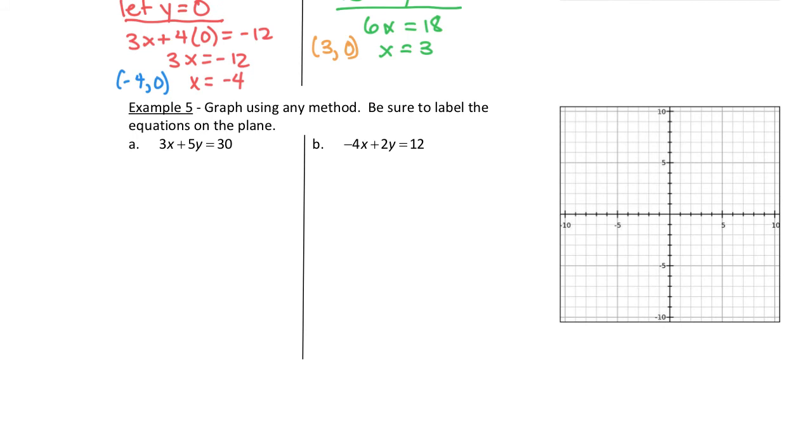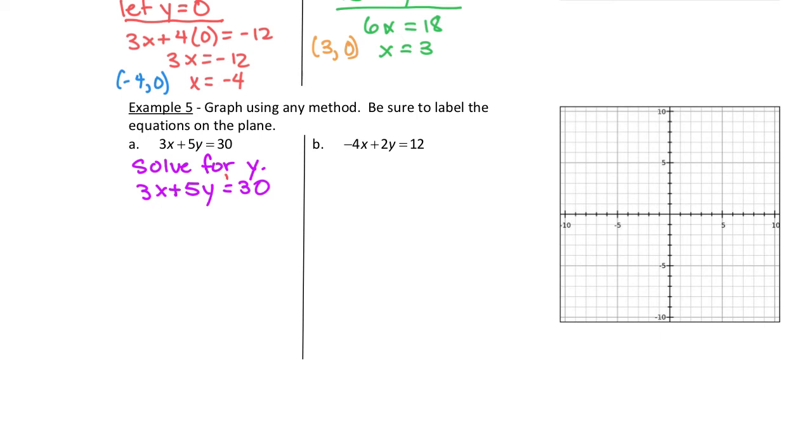In example 5, I'm going to show you one more method that we can use, and that is to solve for y. When I solve for y, I'm going to get this into slope-intercept form. We're actually going to look at this method a little bit more in our next lesson, but I wanted to introduce it here.